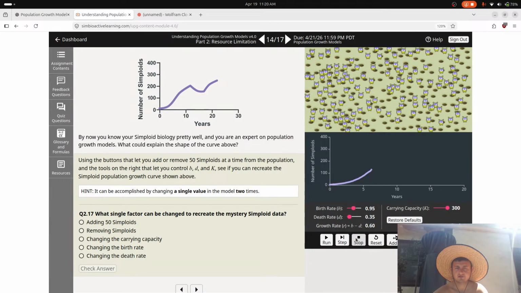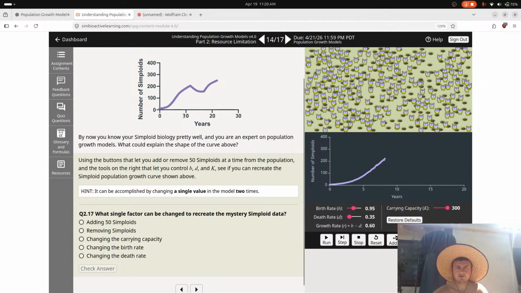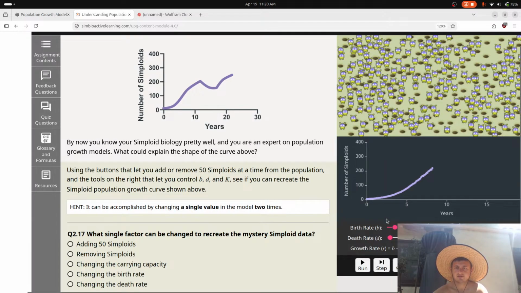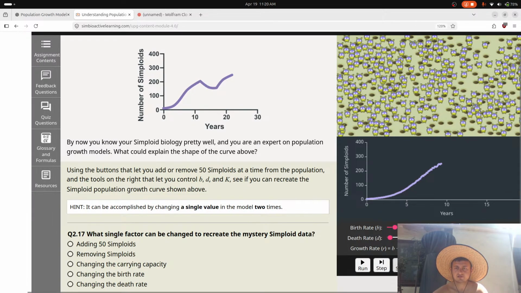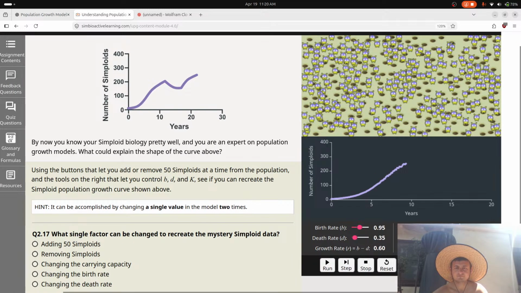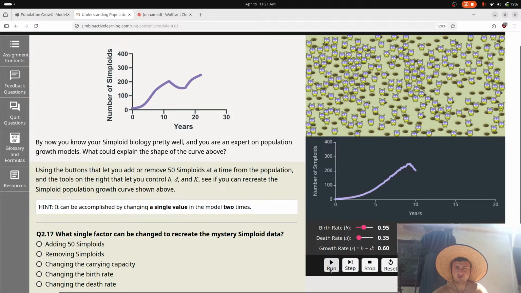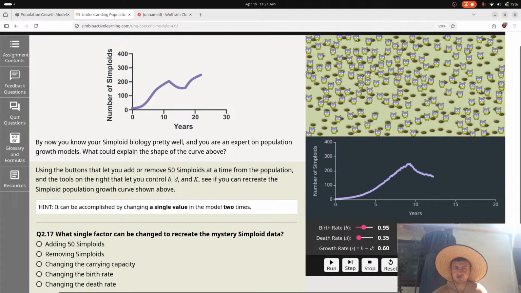And then at like 10 years. The confusing part is this. Oh no, it's starting to level off. I get it. Okay. So we run, stop, remove 50. But why did it actually, this doesn't make sense because I think what happened is the carrying capacity went down to 150. So run, and we stop, and then we change it back to 300.